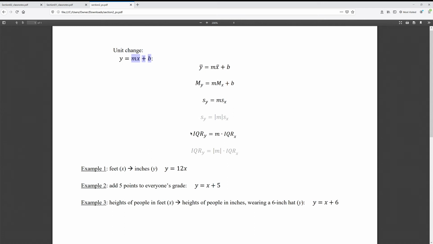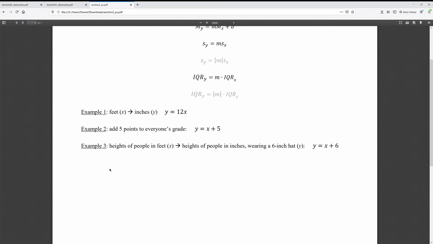You probably are never going to encounter those kinds of unit changes, but just for completeness purposes, I'll throw that in there. The presumption here in the dark, normal black text is that m is a positive number. Just be a little careful.